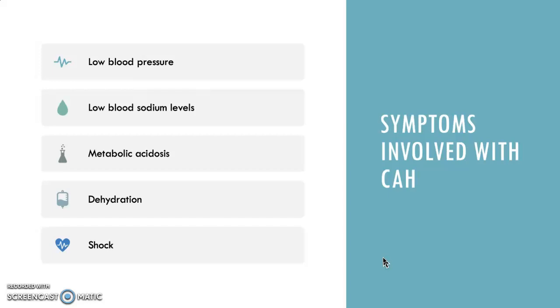Now, all of these symptoms can probably be related back to other diseases, maybe not the low sodium levels that congenital adrenal hyperplasia would cause, but we also have other clinical signs, such as vomiting and diarrhea, things that we would see in maybe the stomach bug. So those aren't as alarming as what we would see in blood work that will show us the low sodium levels, or if we're taking blood pressure readings, low blood pressure and things like that.